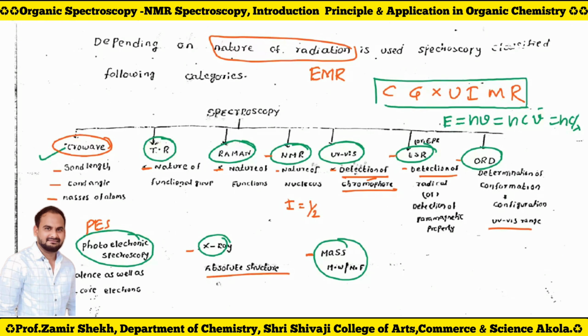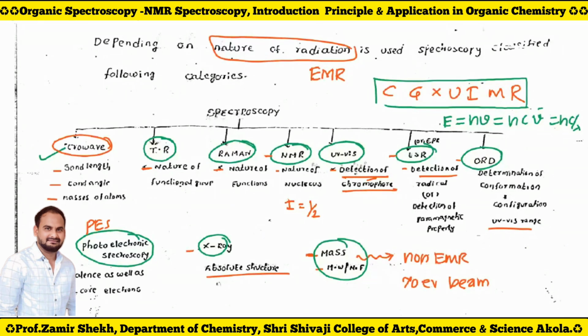In all the remaining techniques listed here, the source is EMR, but in mass spectrometry the source is non-EMR, which is why it is called spectrometry. A highly energetic 70 electron volt beam is used for ionization and related processes. With the help of this technique we can find the molecular weight, molecular formula, and skeletal structure, and that is one of its best advantages.